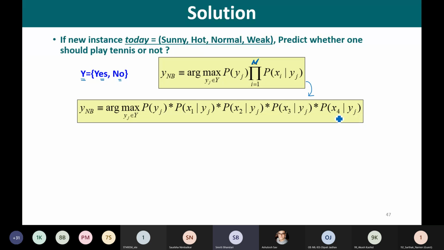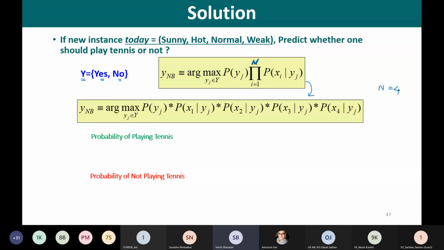We have n equal to 4 attributes. Now, we want to compute the probability of playing tennis, and also the probability of not playing tennis.